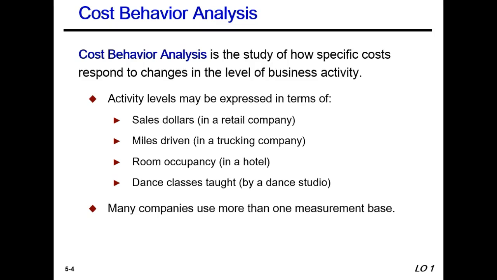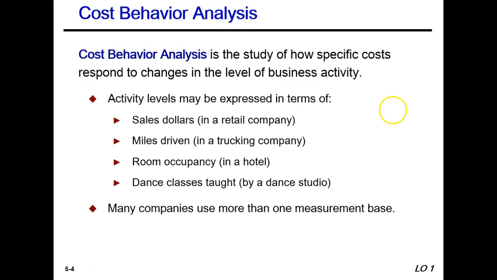In room occupancy would be the activity level for hotels. What is the percent of fill rate for hotels? And number of dance classes taught may be a dance studio. Or in that case, it could be the number of individuals taking the classes as a whole.